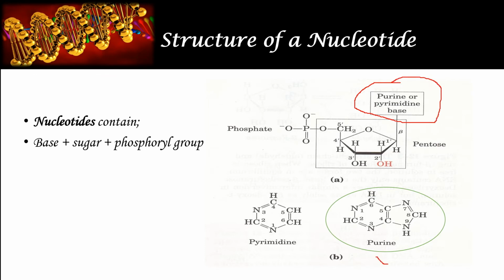This is the basic structure of purine and this is the basic structure of pyrimidine. This purine or pyrimidine base is attached to a sugar molecule, and to this sugar molecule is attached a phosphate group or a phosphoryl group. So this is the basic structure of a nucleotide.